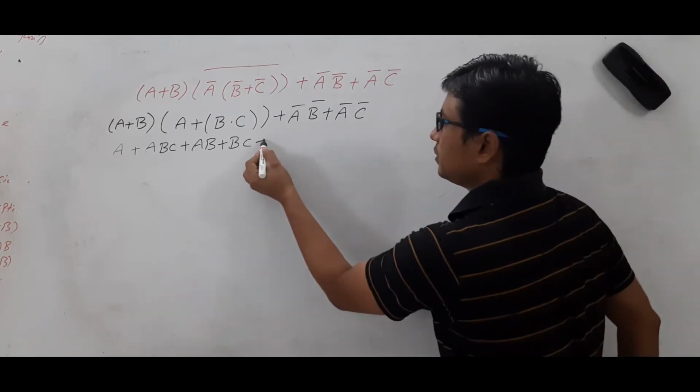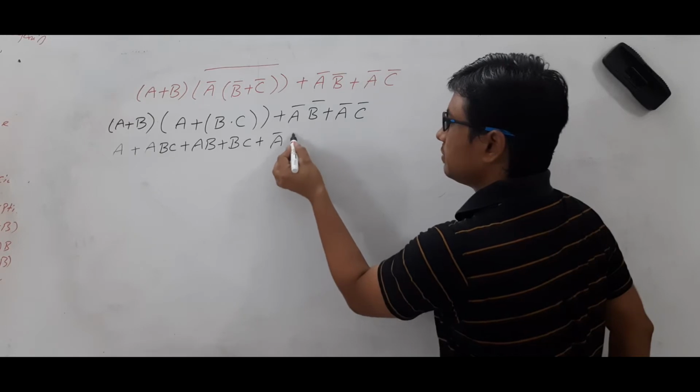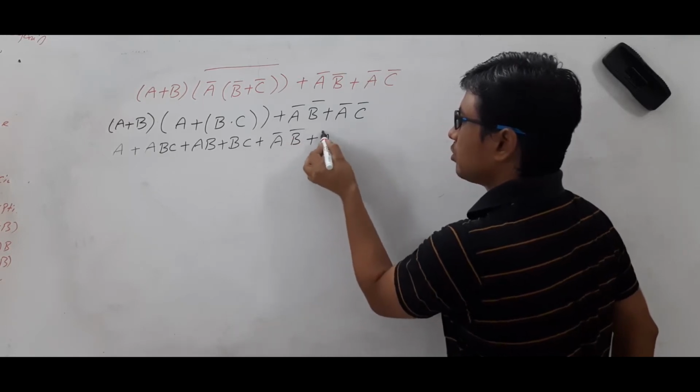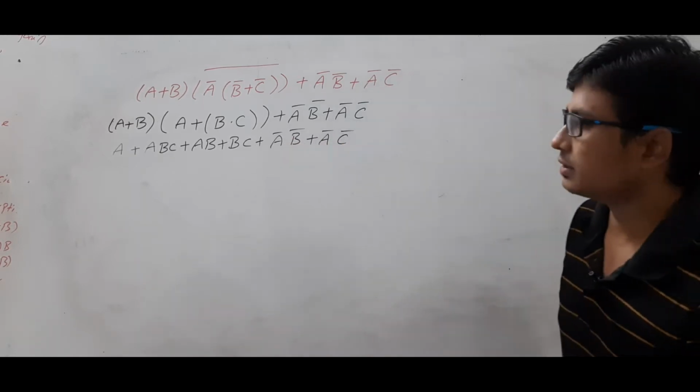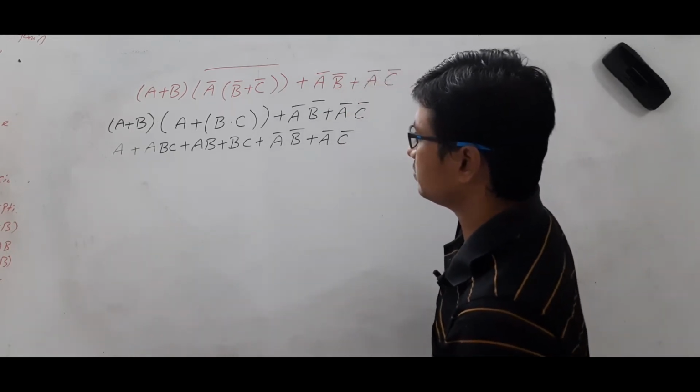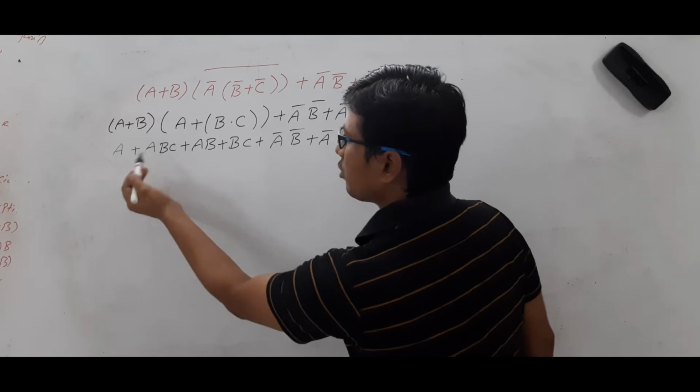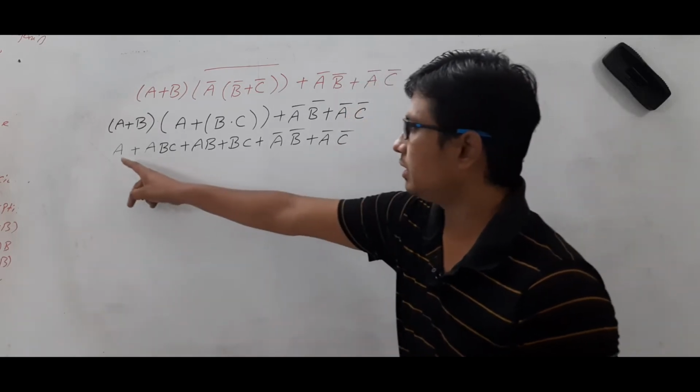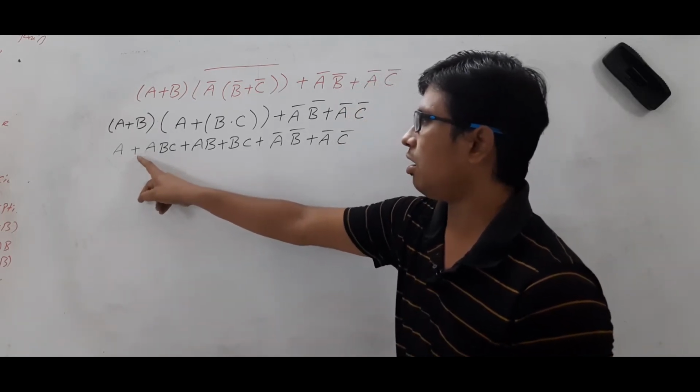Now I have A'B' + A'C'. How can I simplify it? If I take A common from this part, here I have A + AC + AB + ABC.